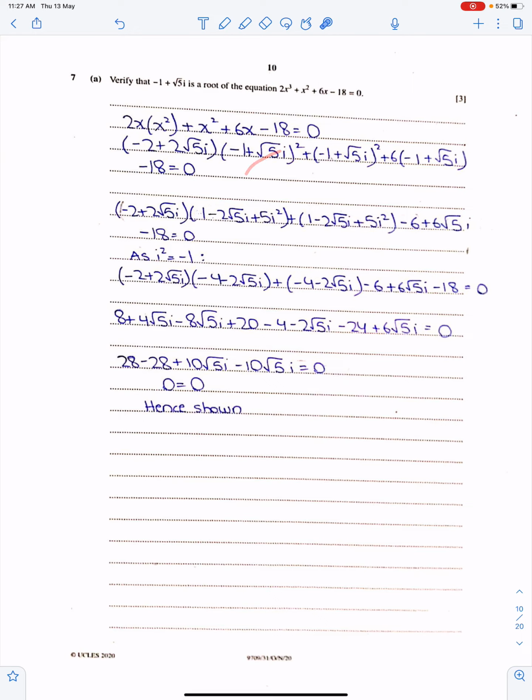And then when you simplify everything, you know i square is minus 1, you will get 0. You must be good at algebra. These calculations are very complicated. If you are good at algebra, you can easily manage these calculations.